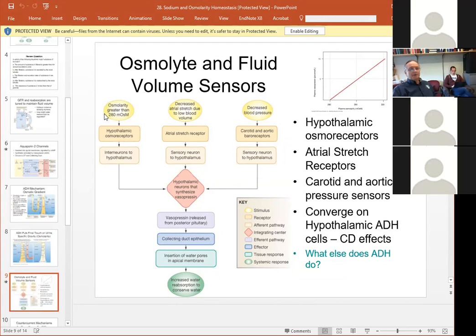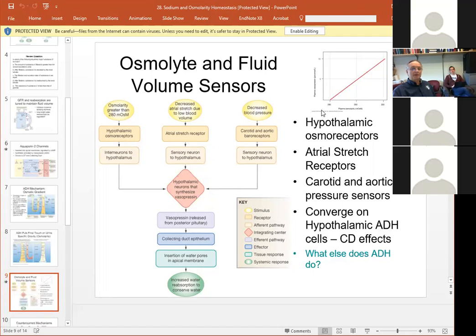If the osmolarity gets too high, and by the way, that's plotted in this hard to see thumbnail picture of how plasma vasopressin goes up as plasma osmolarity goes up.